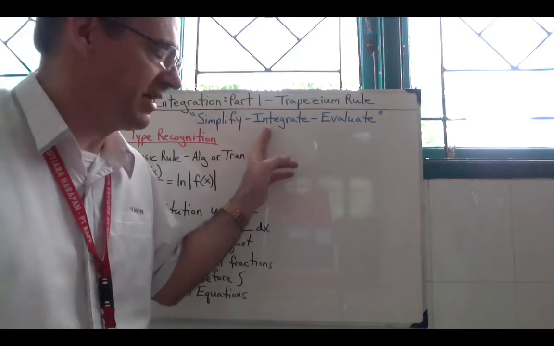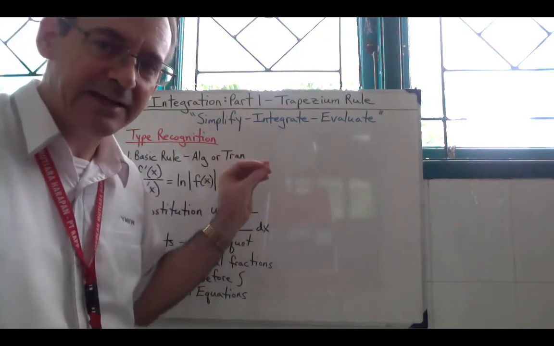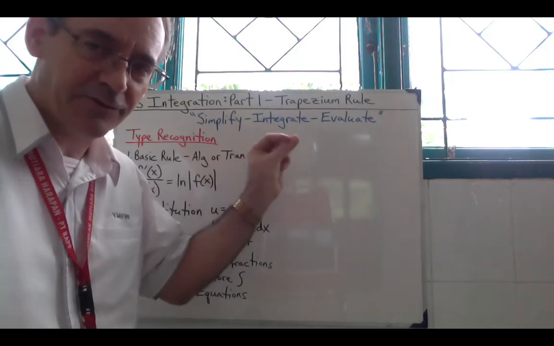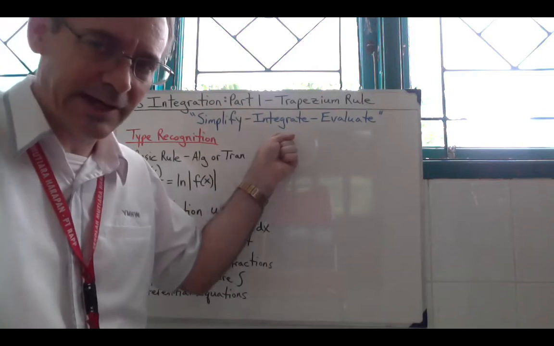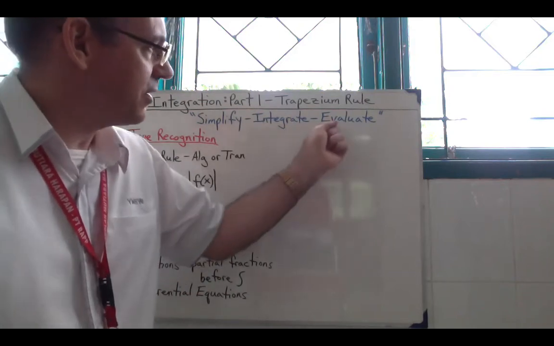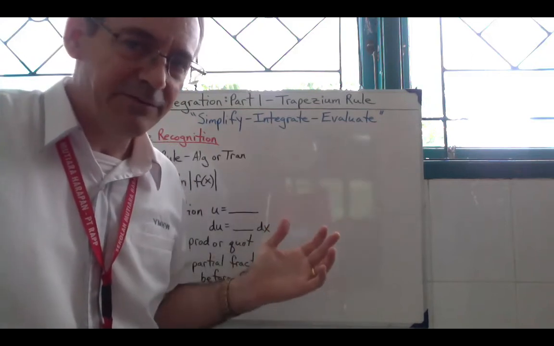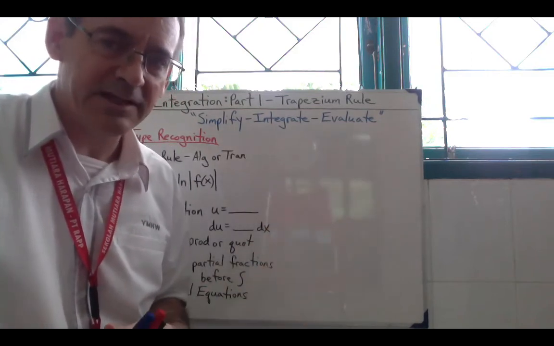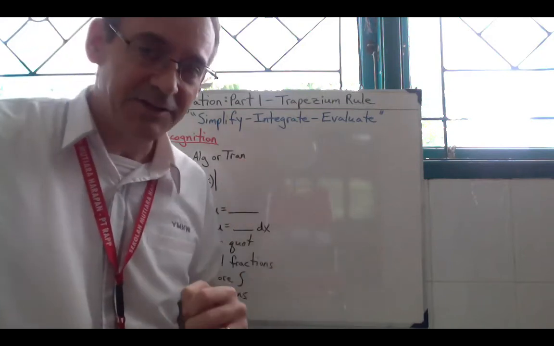Then the second stage is the integrate, meaning the mechanics of actually carrying out the formula and making sure that you integrate it correctly. Then the third stage is the evaluate. Now, the evaluate might come off of the indefinite integral.